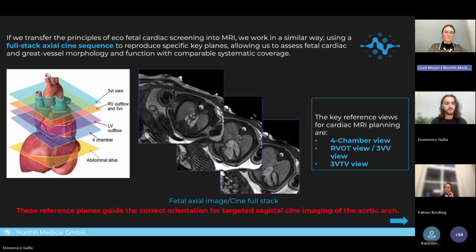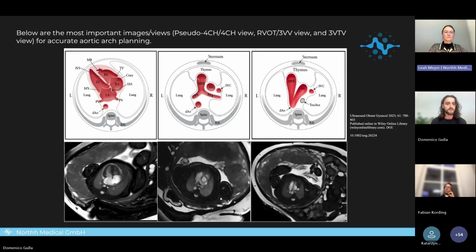In the middle, we have the images of the fetal axial cine full stack. These reference planes guide the correct orientation for targeted sagittal cine imaging of the aortic arch. Below are the most important image views used for planning the aortic arch: the sagittal view of the aortic arch, pseudo 4-chamber view, RVOT, 3-vessel view, and 3-vessel trachea view for accurate aortic arch planning.